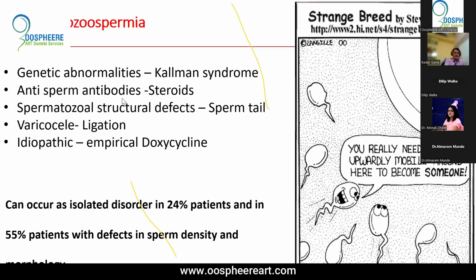Anti-sperm antibodies, I still have to see a positive case, but you can treat them with steroids. Structural damage of the sperm, because of the sperm tail, microscopic varicocele, and most important is idiopathic. We do not know. Maybe treat with doxycycline and it will help.